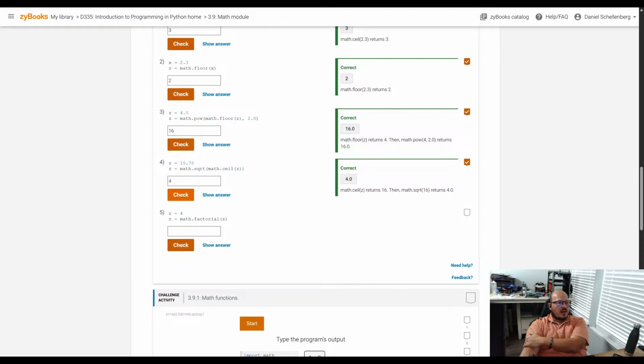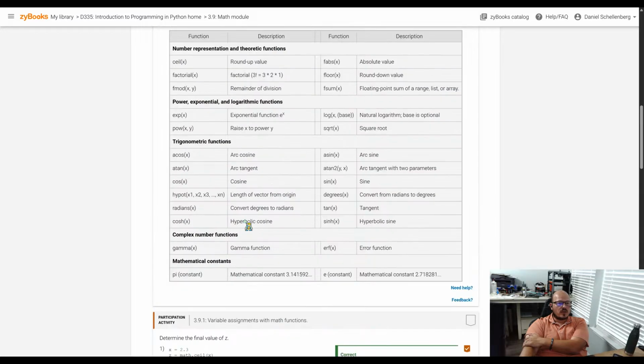And then here, z is assigned 4 factorial. So factorial, actually, I'm going to take a screenshot of this myself because I want to be able to refer to this, use it as a cheat sheet later on. So what is factorial?